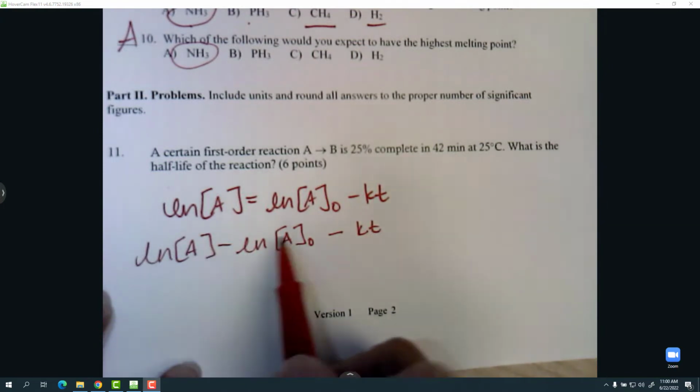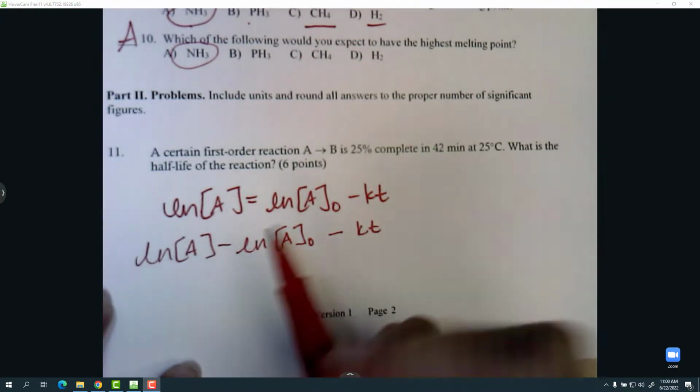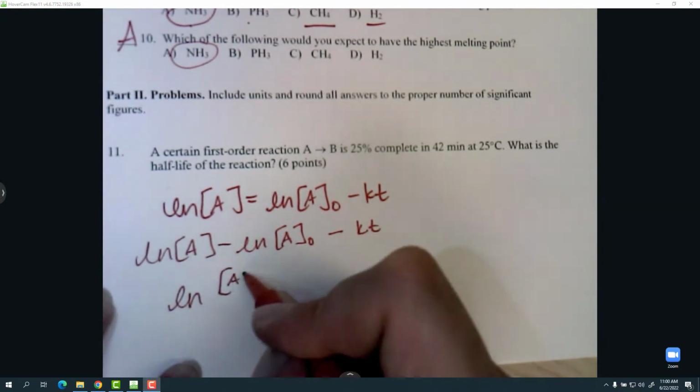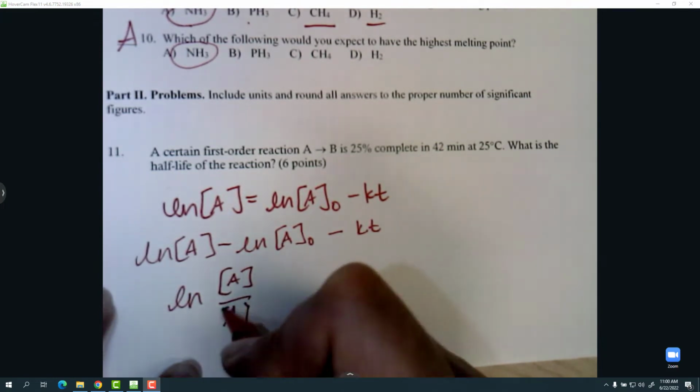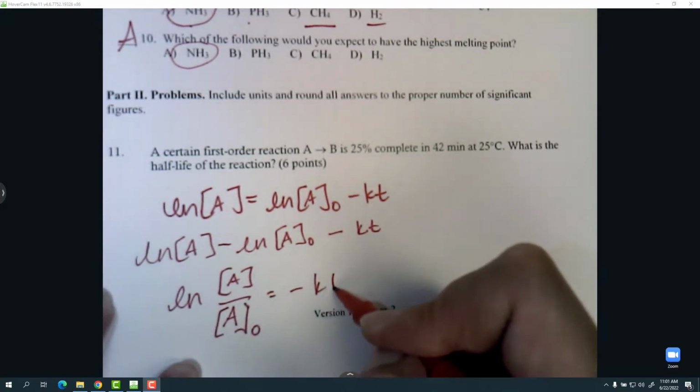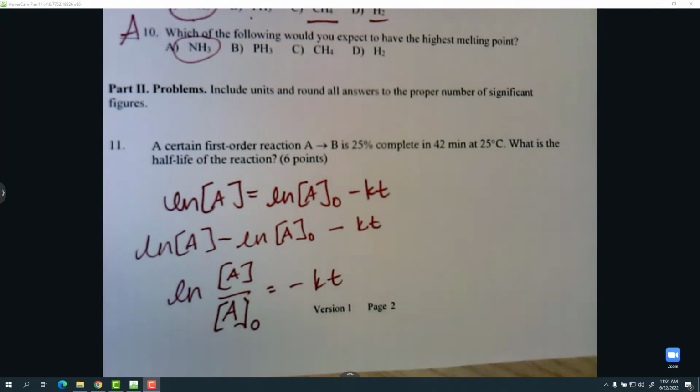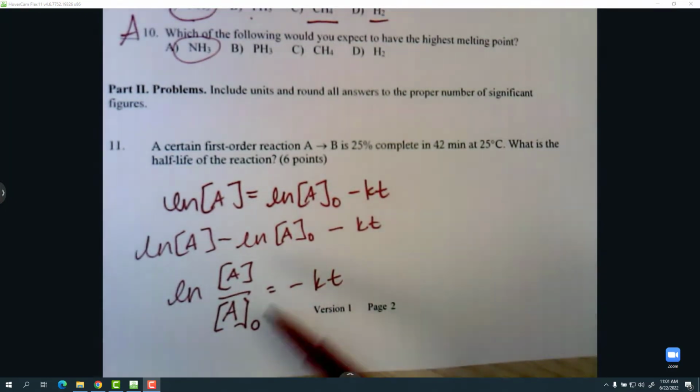And when you subtract logs, you just keep the log and divide the things. So this is just another version. If that feels like log stuff you might not remember, it may be worth memorizing this version of it. We do come back to this in chapter 20, I believe. So we will use this again.